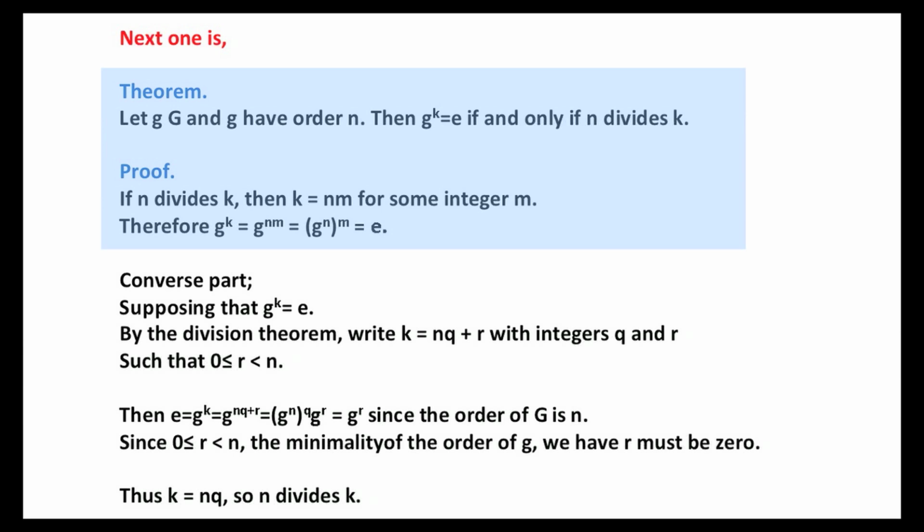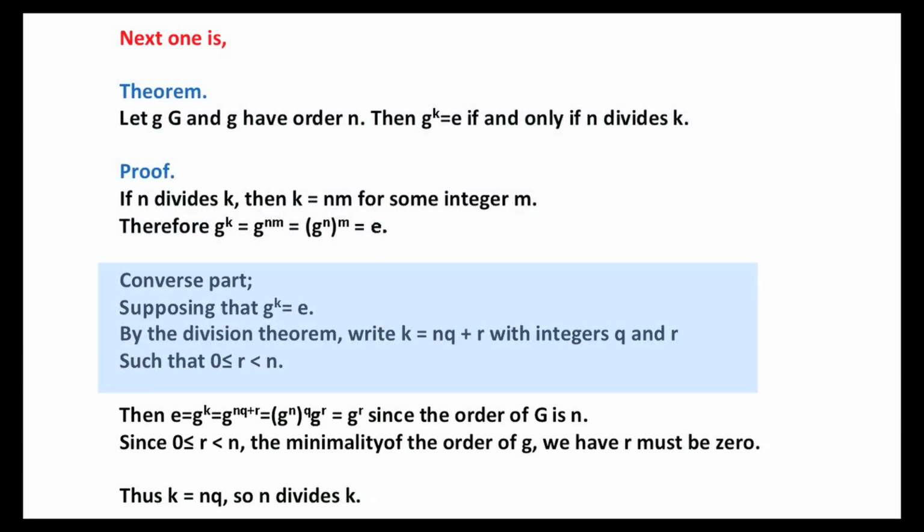Therefore, g to the power k is equivalent to g to the power nm, which is g to the power n the whole power m, which is equivalent to e. Converse part: suppose that g to the power k is equivalent to e. By the division theorem, write k equal to nq plus r with integers q and r such that 0 is less than or equal to r, which is less than n.